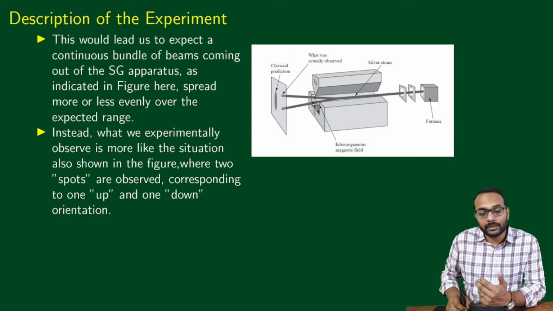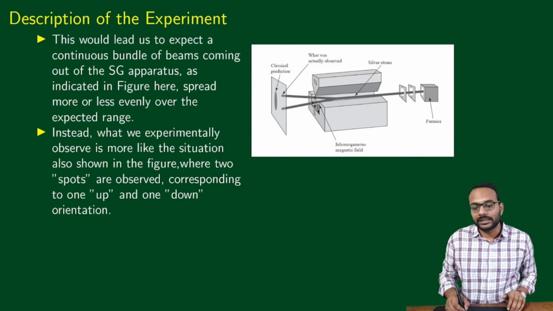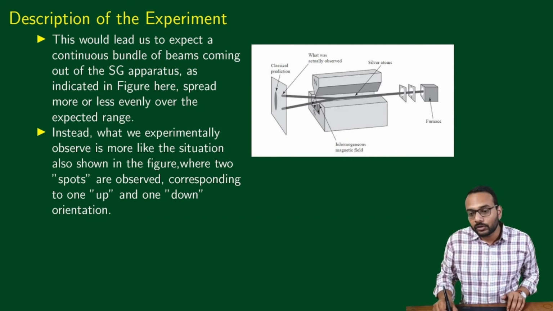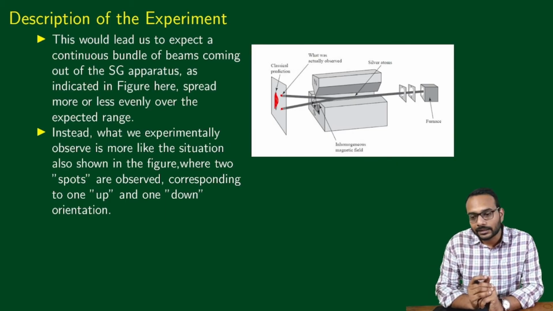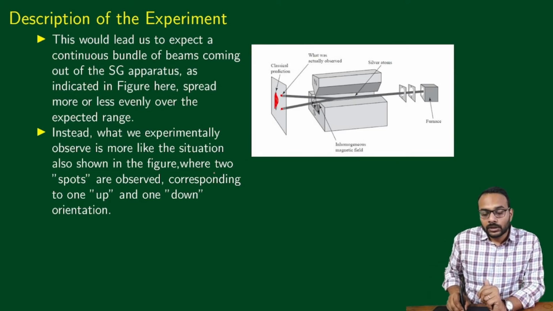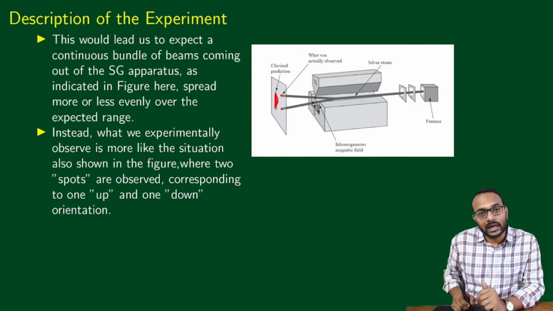Instead, what we experimentally observe is not a situation like this, but they go exactly to two different locations on the screen. So only two spots are observed, corresponding to one up and one down orientation.